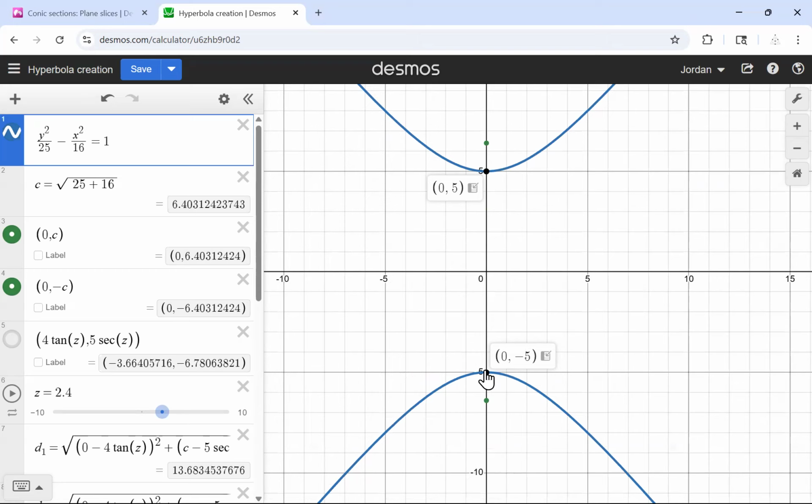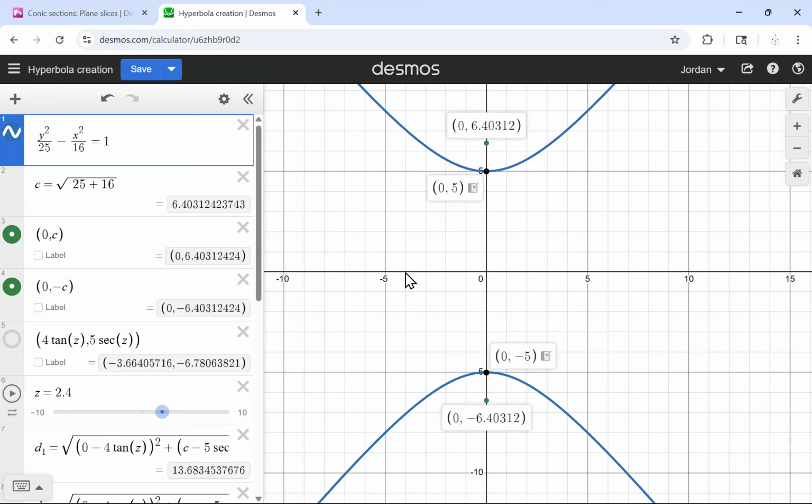If I go from (0, -5) to (0, 5), that is the transverse axis. And you can see that if this was an infinite axis, then the foci would be on the transverse axis. If I say it's a finite axis that goes from (0, -5) to (0, 5), then the foci are just beyond, but in the same direction as the vertices. That's the point.